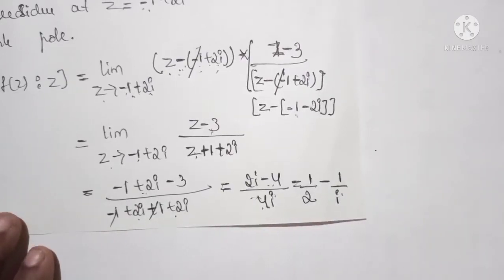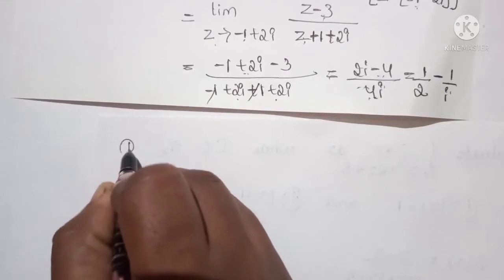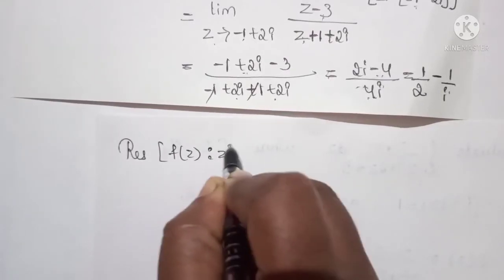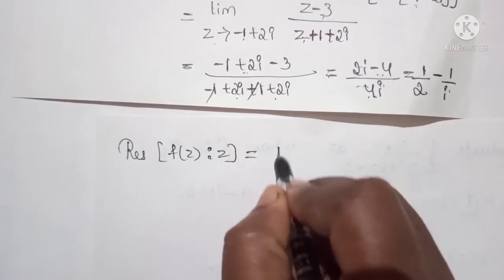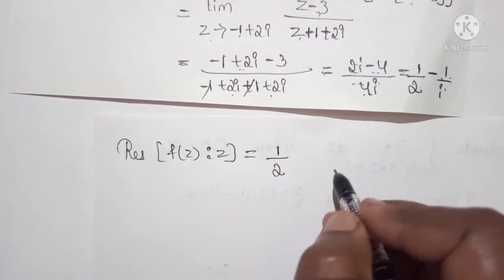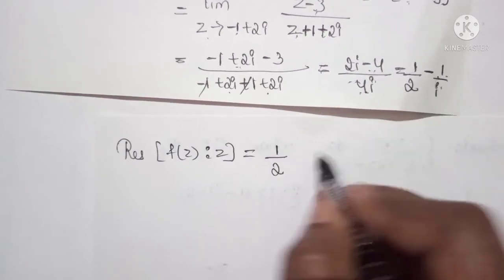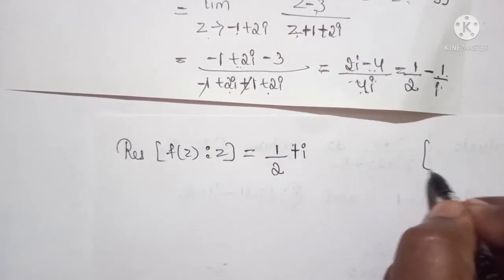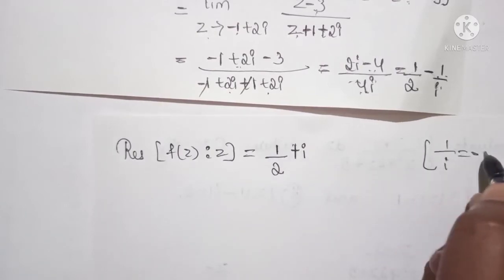Since 1 by i is minus i, the residue of f of z at z equals minus 1 plus 2i is 1 by 2 plus i.